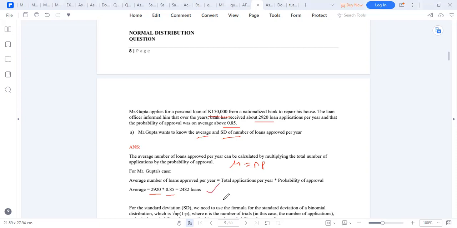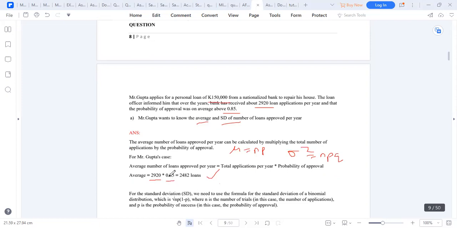Secondly, what is the standard deviation? To get the standard deviation, first we need to find the variance, which is NPQ. All right, so our N is what? 920. And our P is 85% or 0.85.